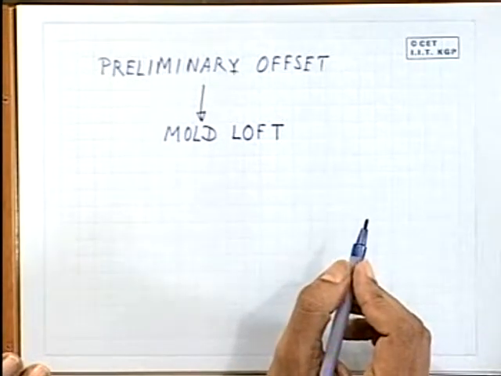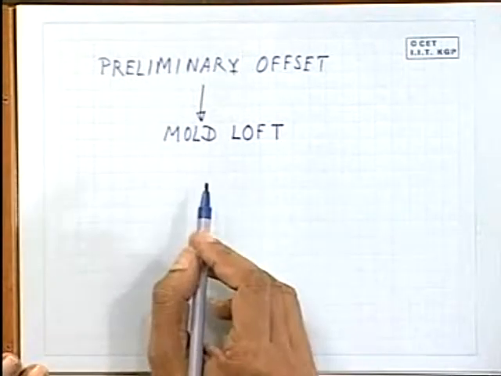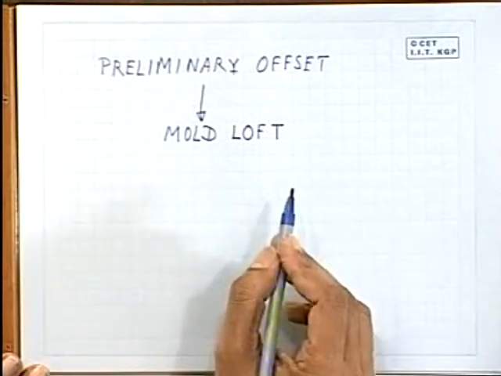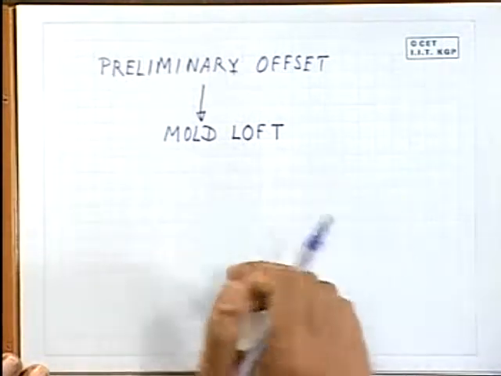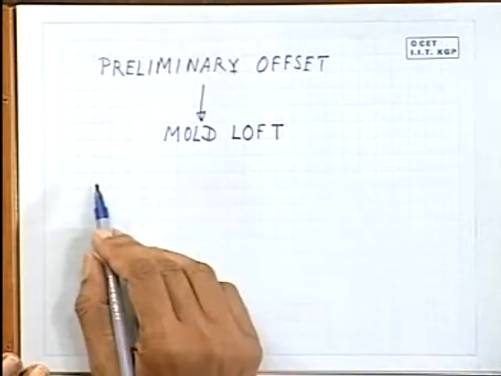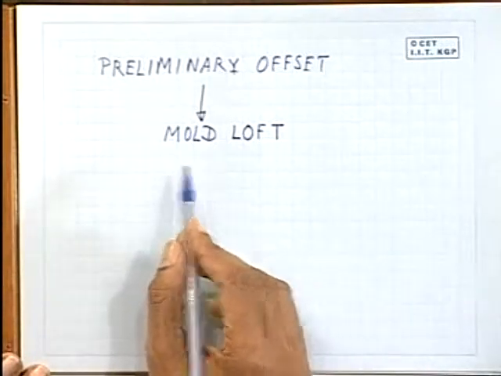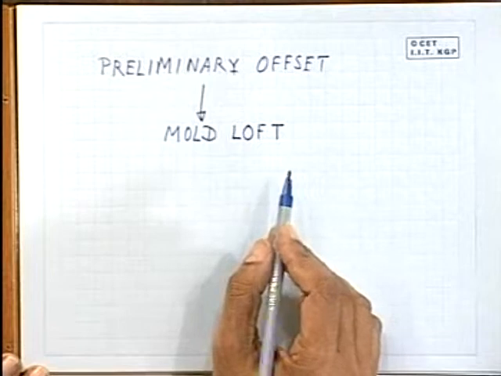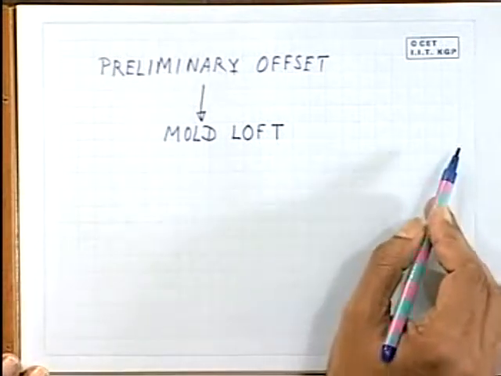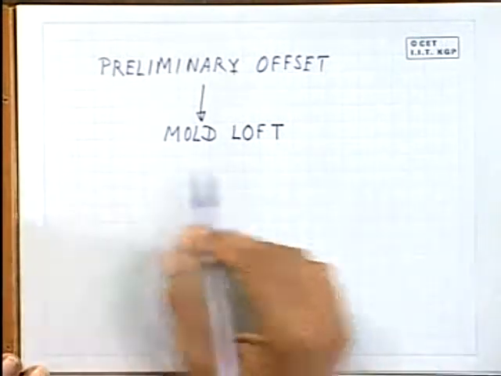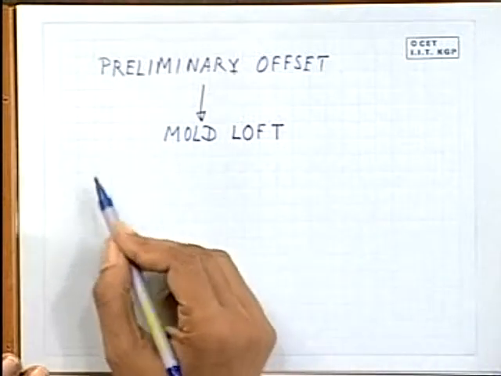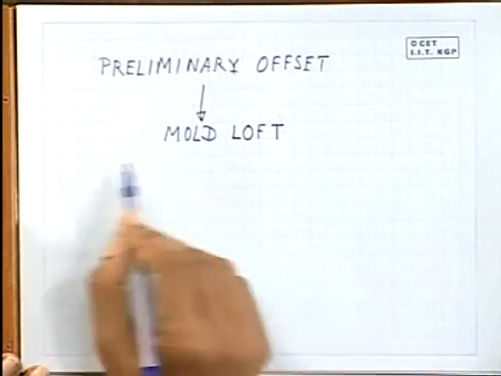In the mold loft, you will find there is a large scrieve board, a wooden board lying on the floor, which is quite large, and on that you find the profile has been drawn by means of a paint mark, and the other sections are also being made full size.